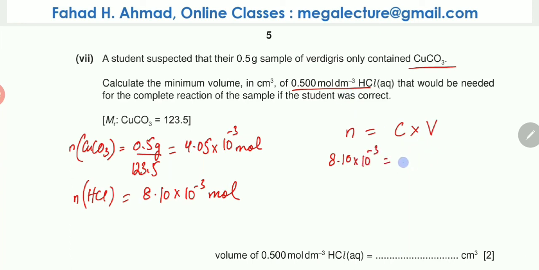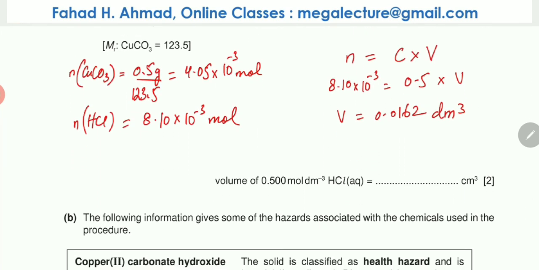The concentration is known as 0.5 mole per dm cube, multiplied by V. And I'm going to solve for V now. If I divide this by this, I'm going to get 0.0162 dm cube on my calculator, which if I convert that into cm cube by multiplying by 1000, is going to give me 16.2 cm cube.